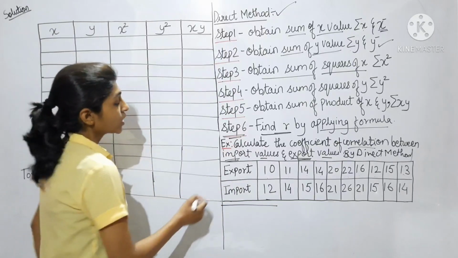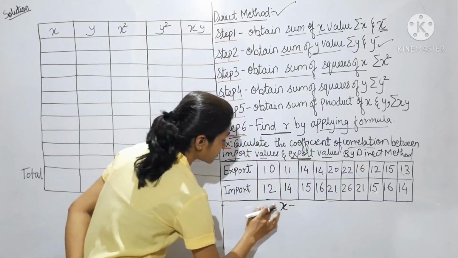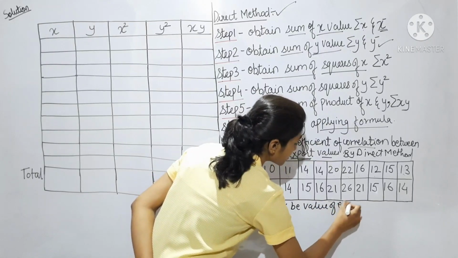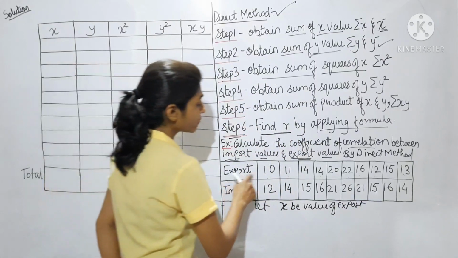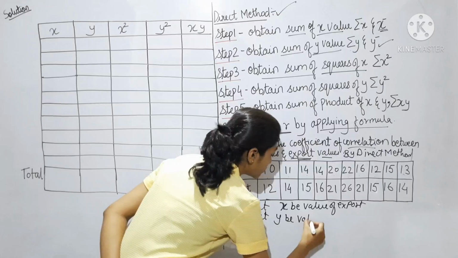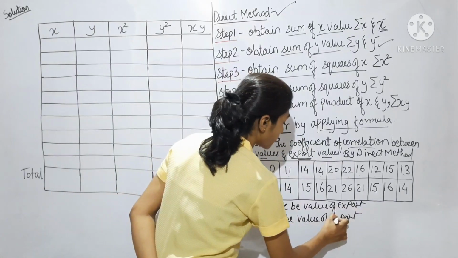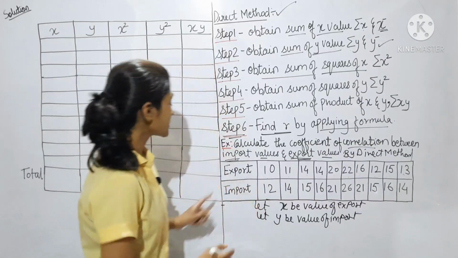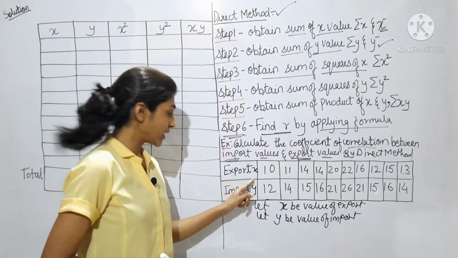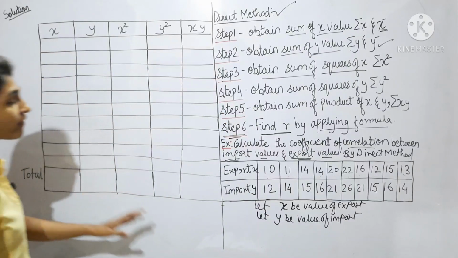Let x be the values of export, so all the values of export will be denoted as x, and let y be the values of import, so all the values of import will be denoted by y. Okay, so x is export and y is import.